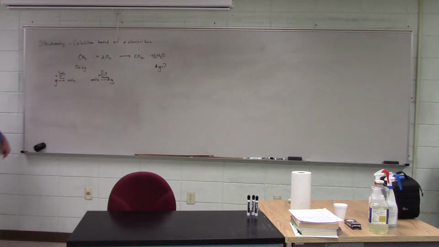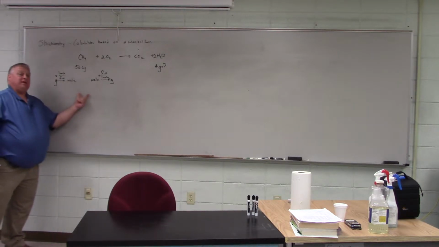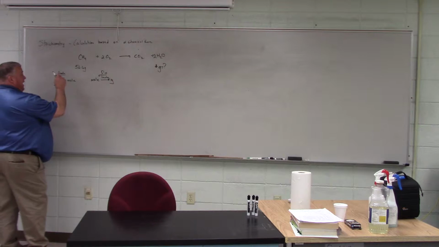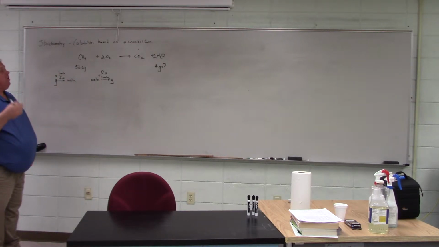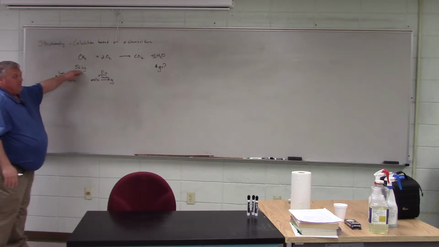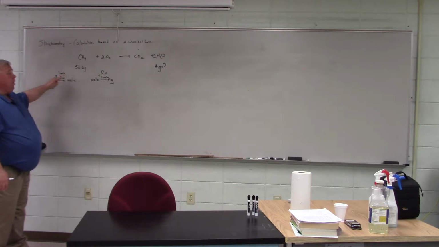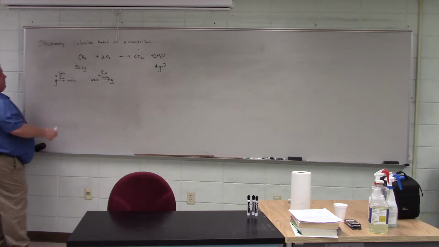So, stoichiometry allows us to make a calculation based on these two relationships. Our equation is balanced based on the number of moles or the number of molecules or atoms. It's not based on the number of grams, so we've got to convert our grams into moles so that we can work a stoichiometry equation.